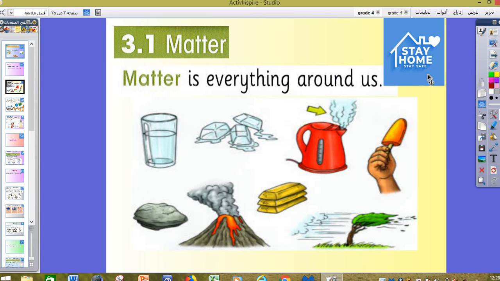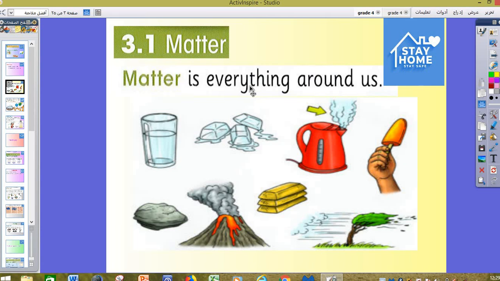If you look around you, in your home, at your school, in the street, everywhere, you will find a lot of things, like your mobile phone, glasses, ice cream, trees, rocks, volcanoes, and different types of things around you. All these things, guys, we call matter.